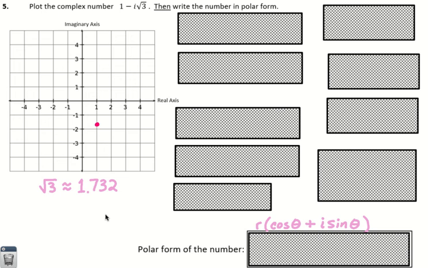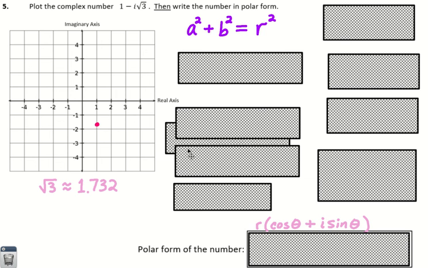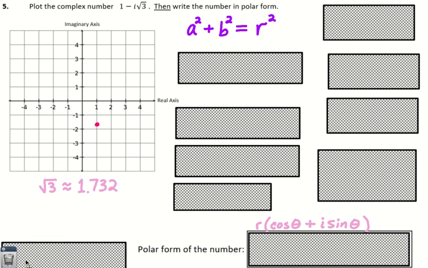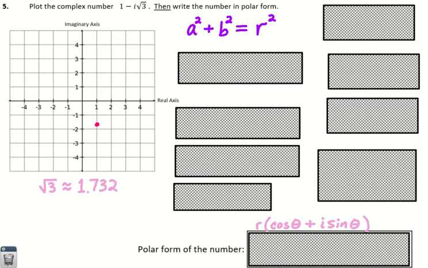And now we're going to have to write the number in polar form, and that's obviously going to go in this final space right here. Okay, so what do we need? Basically, A equals 1 and B equals negative root 3, which helped me plot the complex number.